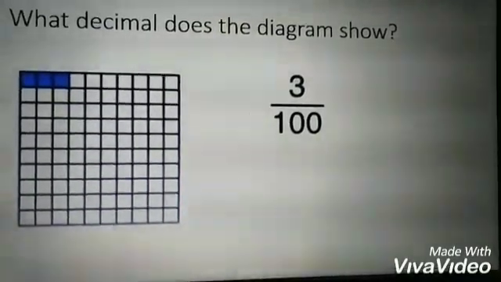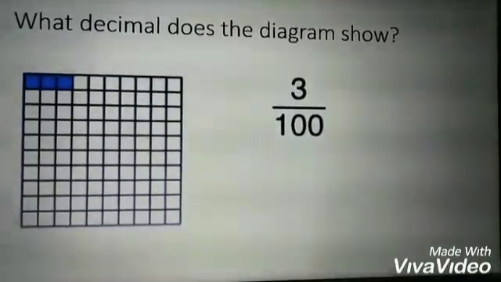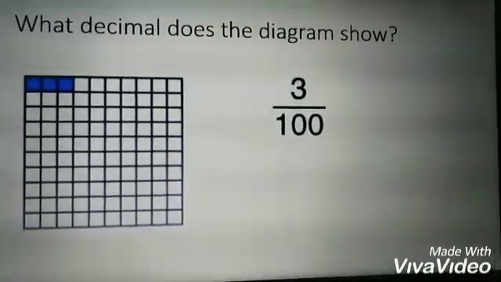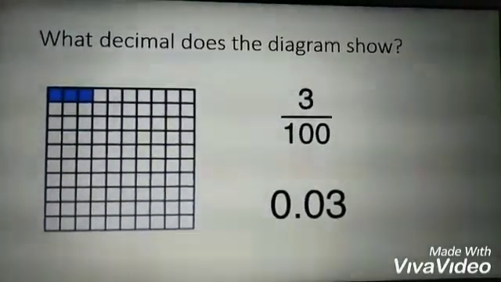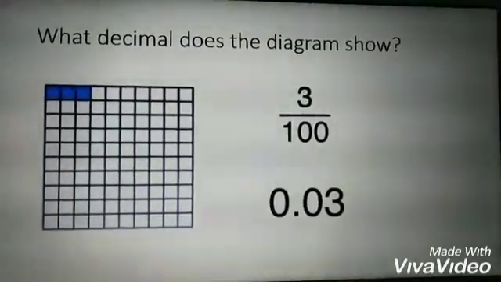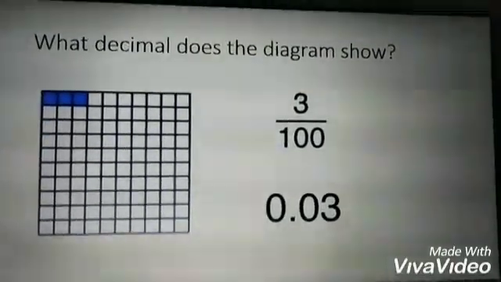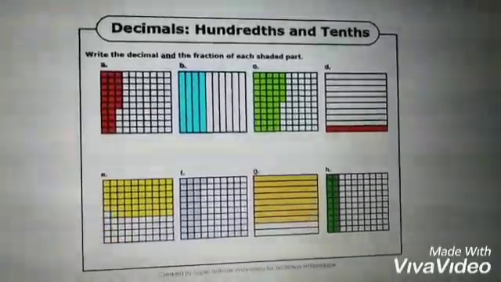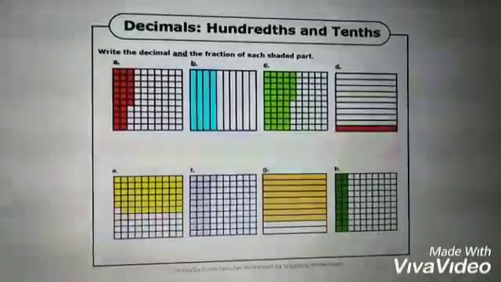Remember that 1/100th is written in decimals as 0.01. So, how can we write 3/100ths using decimals? We can write 3/100ths using decimals as 0.03. Now look carefully at each one of the following shapes and write the decimal and the fraction of each shaded parts.